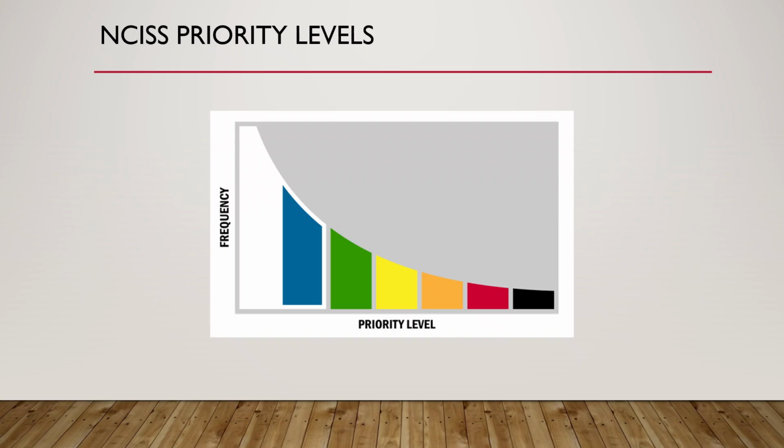Medium, or yellow: a medium priority incident may affect public health or safety, national security, economic security, foreign relations, civil liberties, or public confidence. Low, or green: a low priority incident is unlikely to affect public health or safety, national security, economic security, foreign relations, civil liberties, or public confidence.